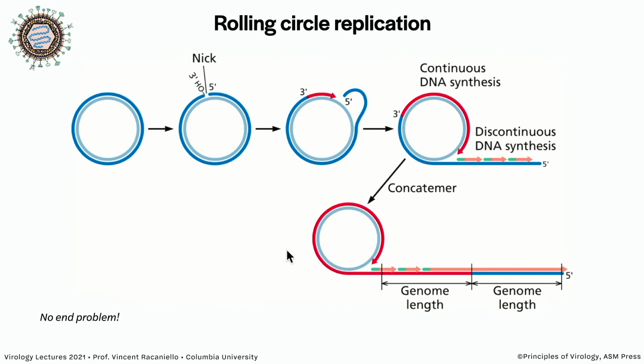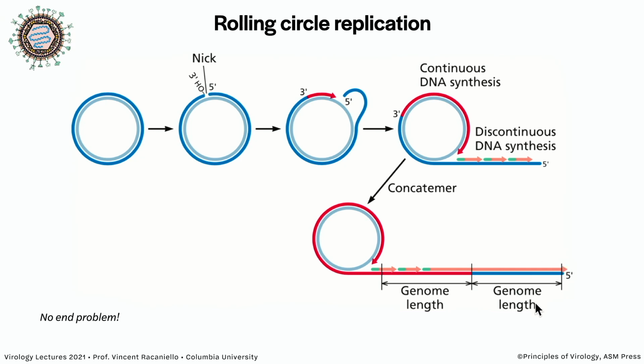I suppose the very last one would have an end problem, but you'd make many, many copies before you got to that very last one. So the end problem is solved in this case by this rolling circle mechanism where you make very long concatemers, we call them, many genomes copied together, and the replication occurs on that.